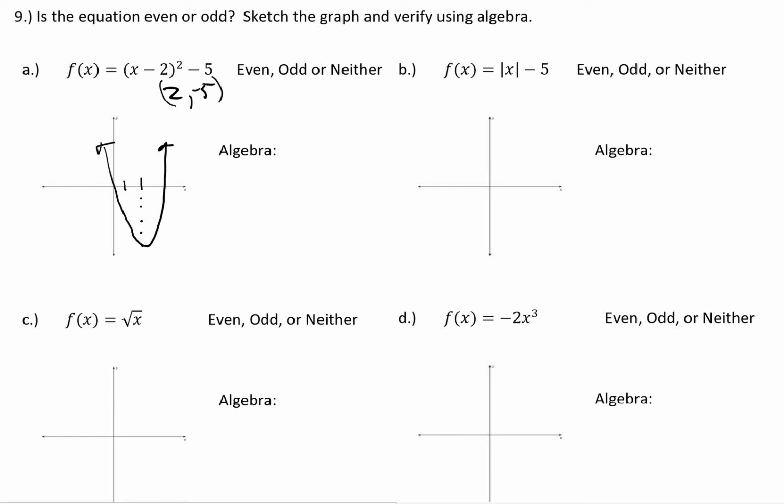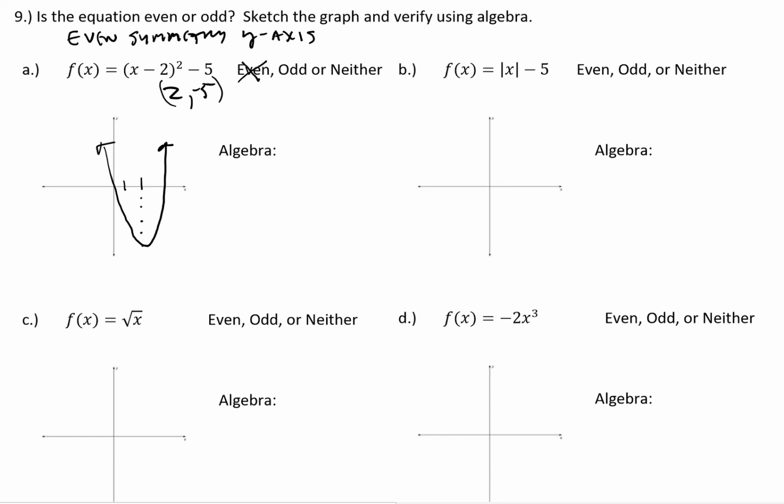Now, to be even, it's got to be centered at the y-axis. So to be even, you have to have symmetry about the y-axis. And as you can see, this is skewed off to the right, so there isn't symmetry. So I definitely know it's not even.